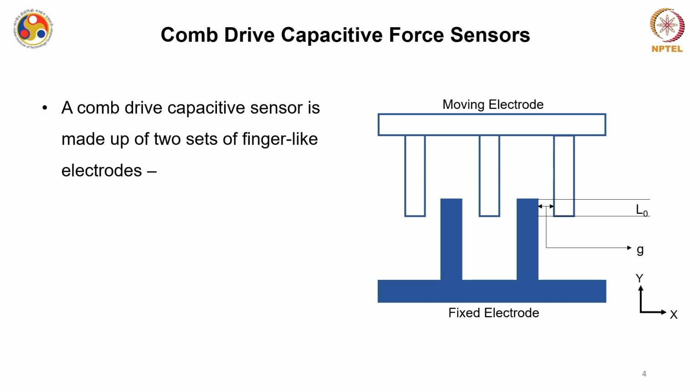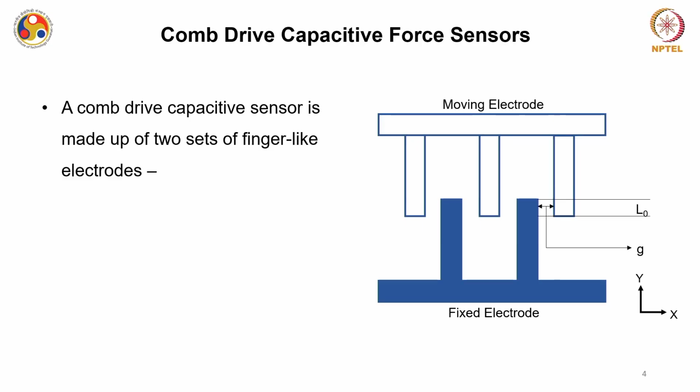Usually these capacitive force sensors are mostly based on MEMS technology, and in MEMS, fabrication of this kind of device is quite possible. So the comb drive capacitive force sensor is majorly based on MEMS technology.